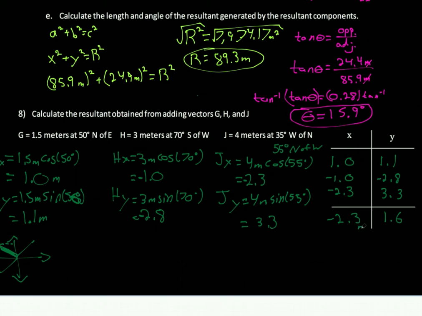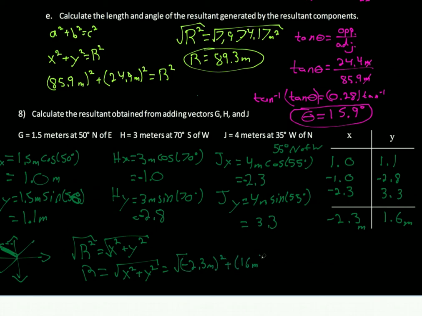So those are meters. My resultant, r squared, is going to be my x squared plus my y squared, the Pythagorean Theorem. Square root of both sides, r equals the square root of x squared plus y squared, which is the square root of negative 2.3 meters squared plus 1.6 meters squared.